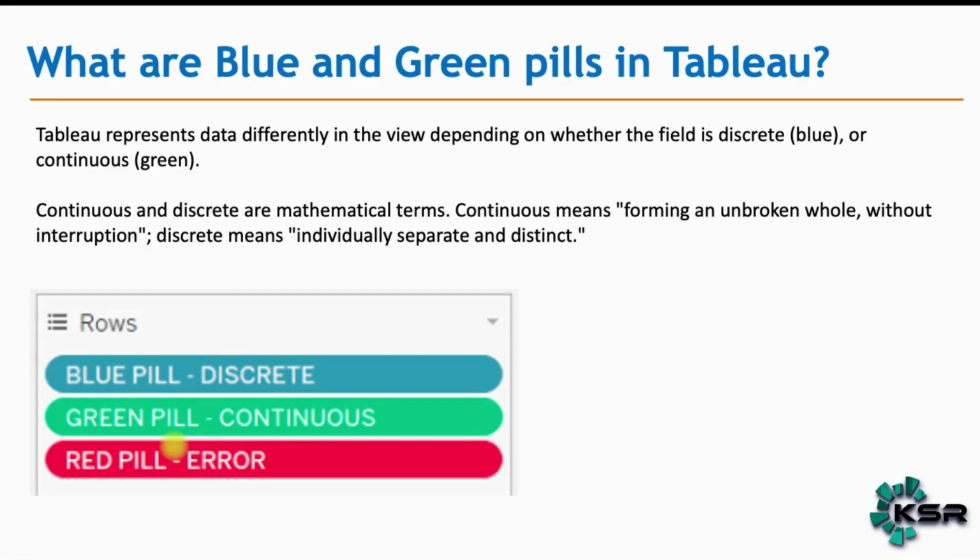It could be a calculated field, or it could be because you might have changed a table calculation, or because of a change in the data source, right? So there are a few possible combinations due to which you might get a red pill denoting an error and requiring your attention to correct it.